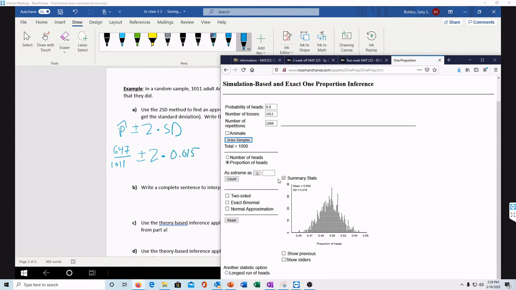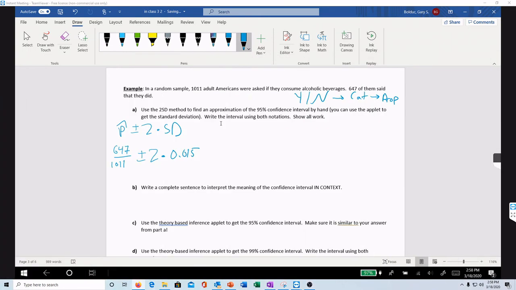0.015. And then I'm going to throw this all into a calculator. I'll do this in pieces: 647 divided by 1011. That first piece is 0.64, and I'll just round it there, plus or minus 2 times 0.015, which is 0.03.